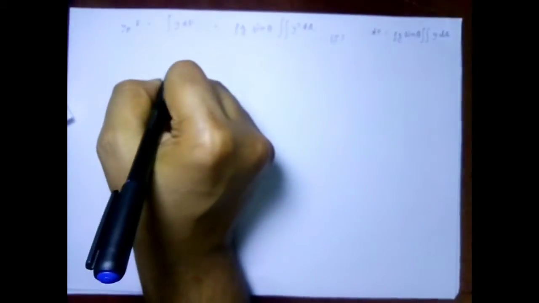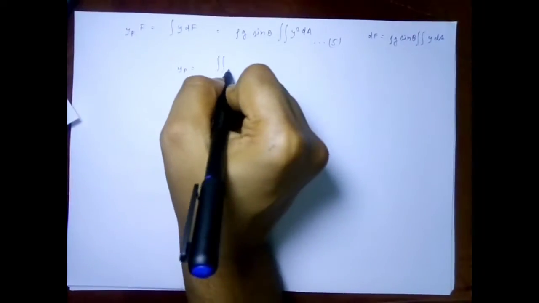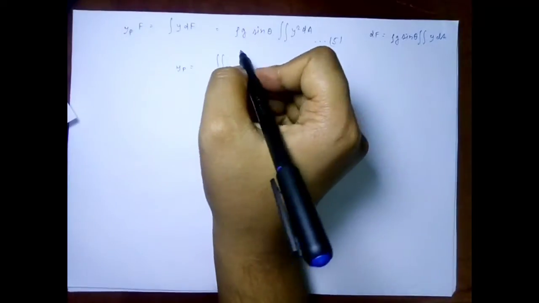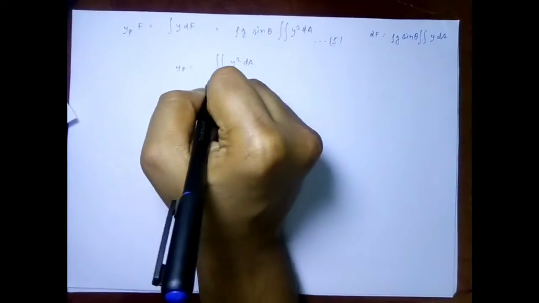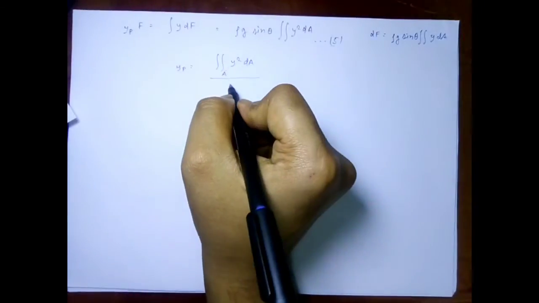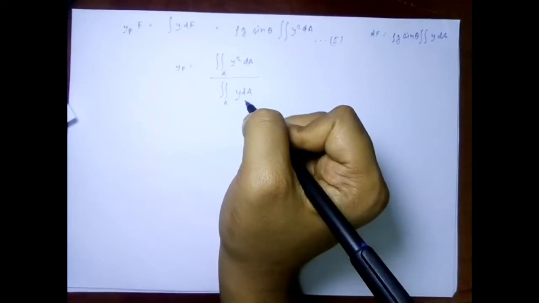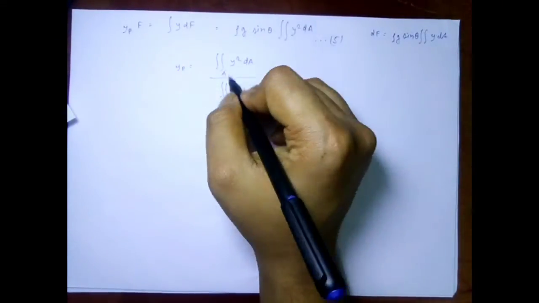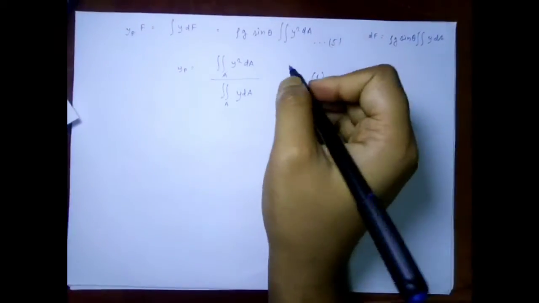We can write yp is equal to double integral of y square dA upon double integral of y dA. So let's define that this is yp and this will be our equation 6.